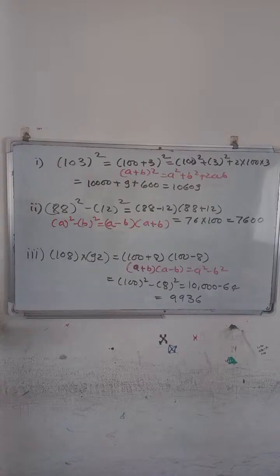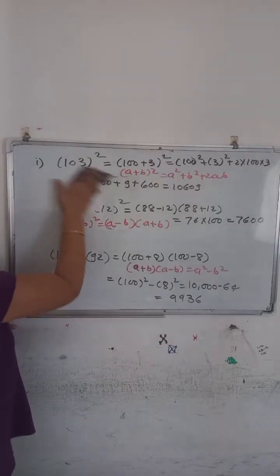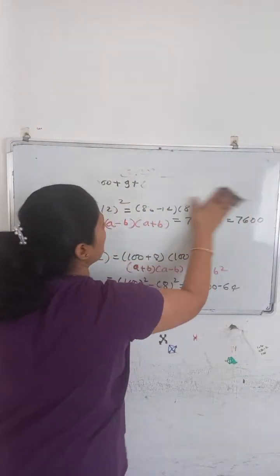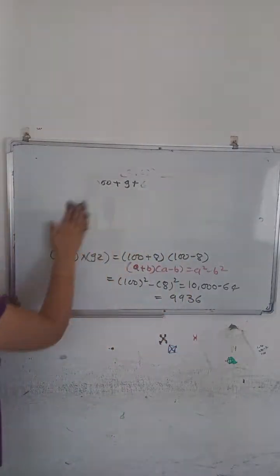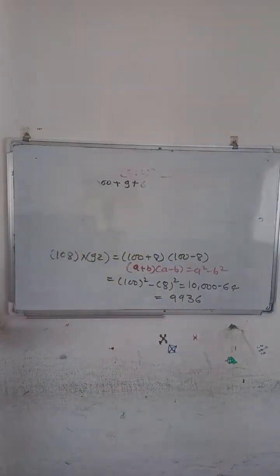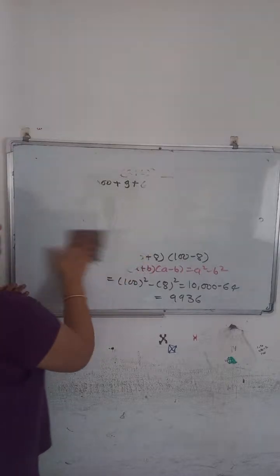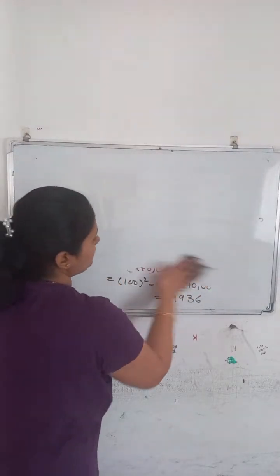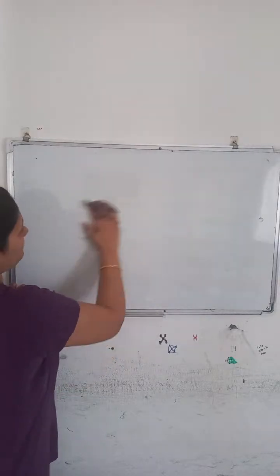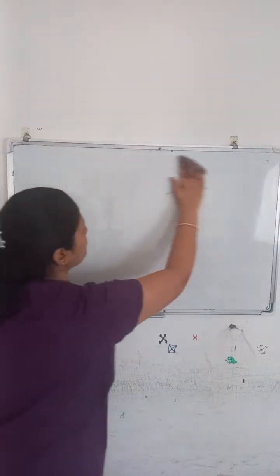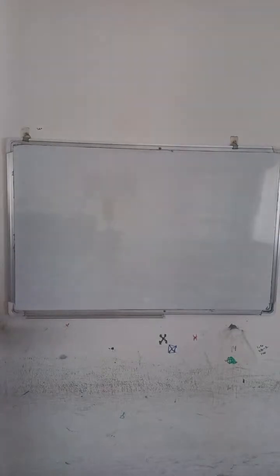Write down: simplify and evaluate for a is equal to minus 1 and b is equal to 3. I will repeat.